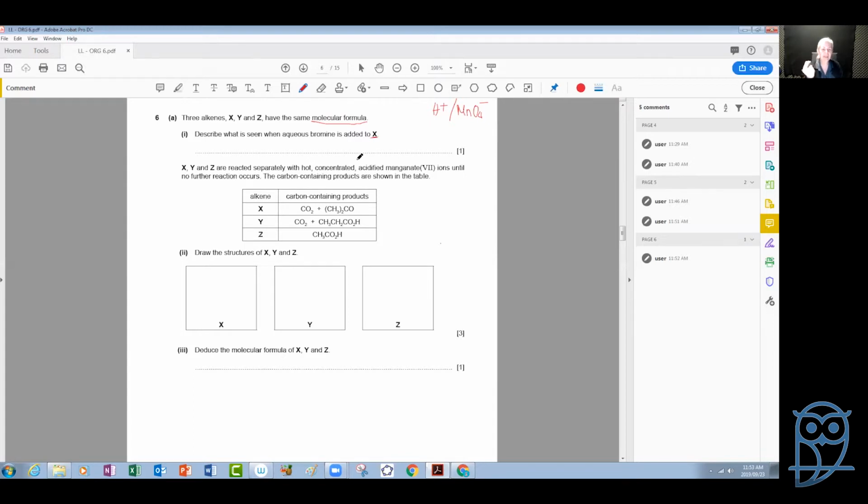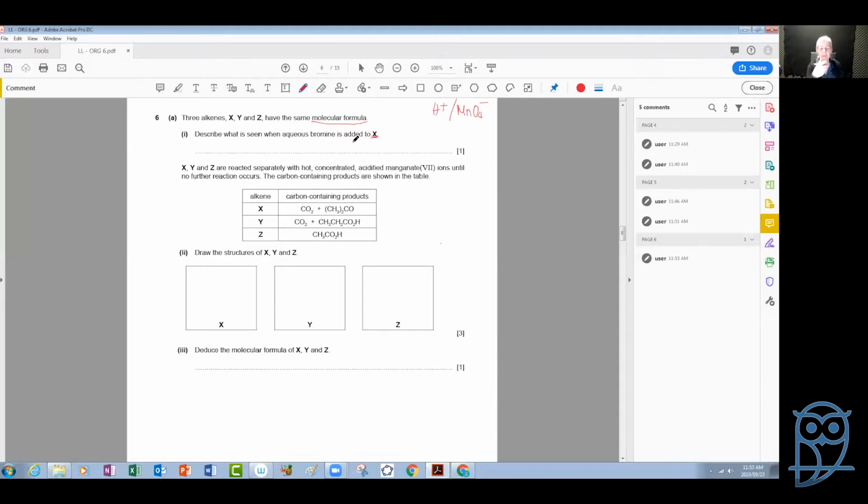If we add aqueous bromine to some alkene X, if it is an alkene, it will react with the bromine water because of an electrophilic addition.